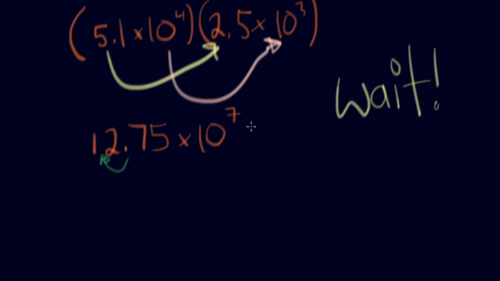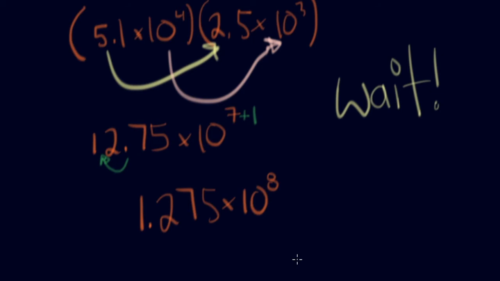But if I do that, I need to add 1 to my exponent because I'm basically moving it by a power of 10. So my final scientific notation answer is 1.275 times 10 to the 8th. Will teachers put those kinds of questions on tests? Absolutely, just to make sure that you're paying attention.